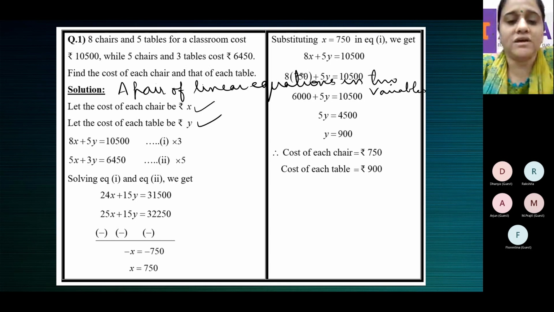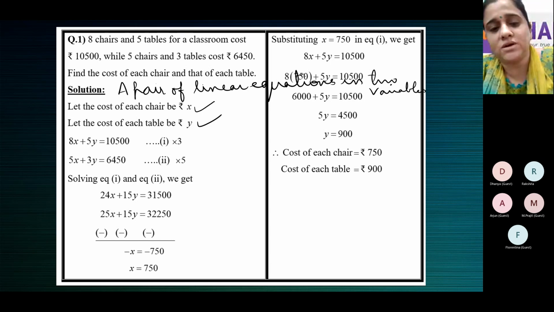It's the third chapter in the NCERT Maths textbook. Chapter 3, a pair of linear equations in two variables.